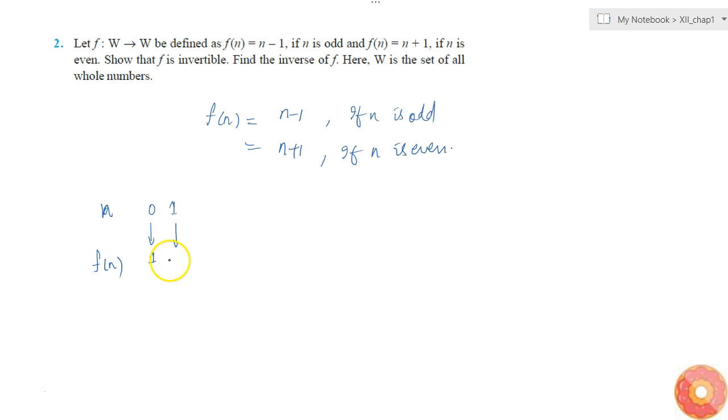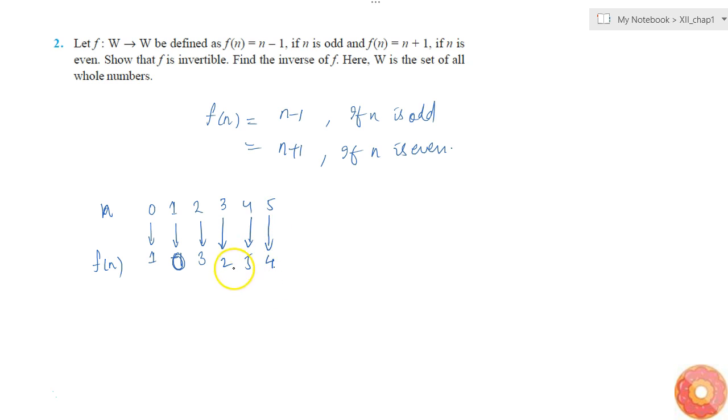So if n is 1, then it becomes 1 minus 1, which is 0. For 2 it's again 2 plus 1, 3. For 3 it's 2. For 4 it's 5, whereas for 5 it's 4.